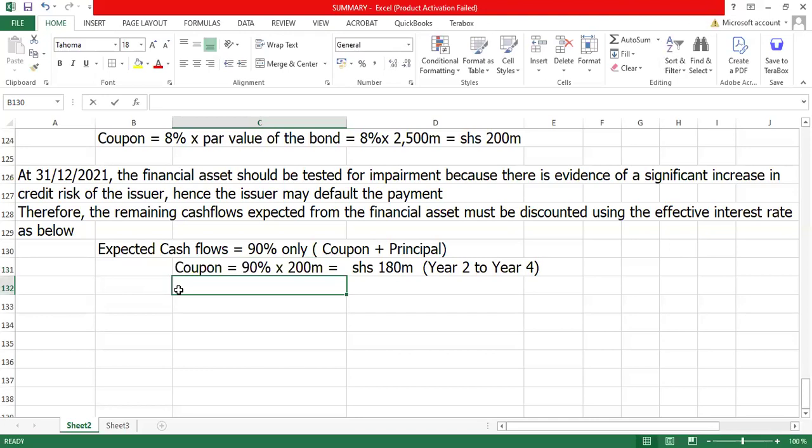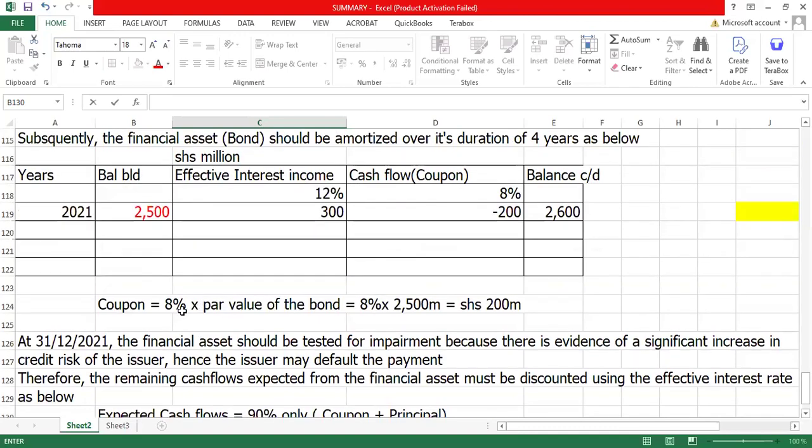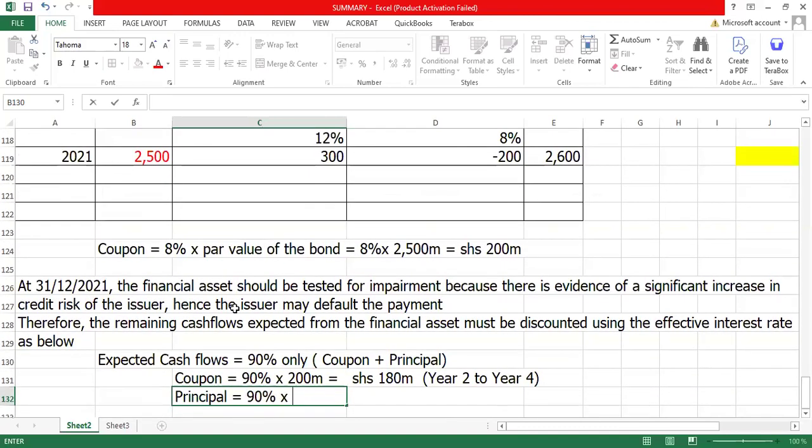Then the principal: you still expect 90% of the principal. What was your principal, the nominal or par value? 2,500 million.